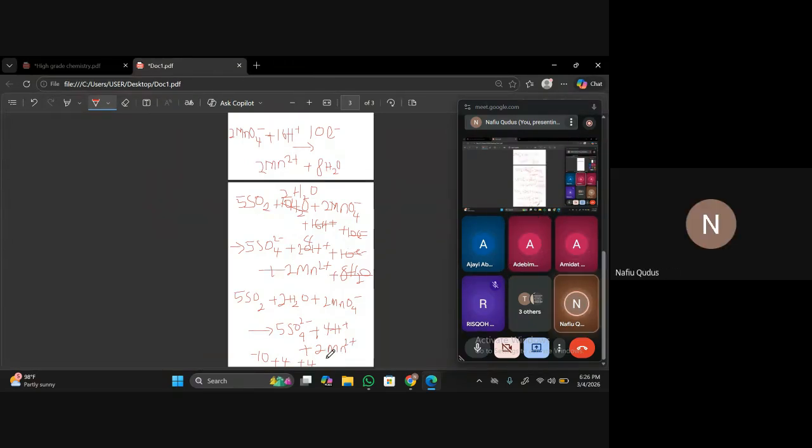Minus 2, the same thing on both the product side and the reactant side. That shows that the equation is balanced. So we need to go through it again so that we understand it perfectly. Is that okay? Yes, sir.